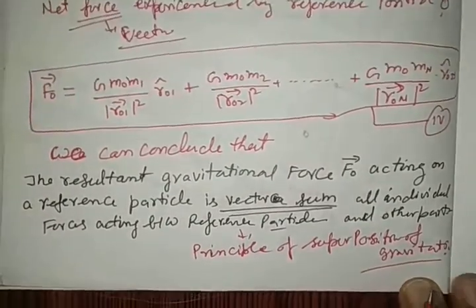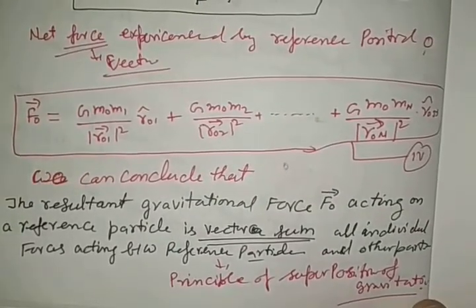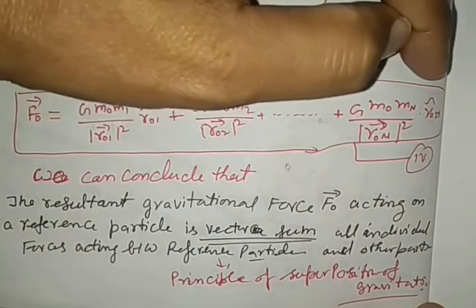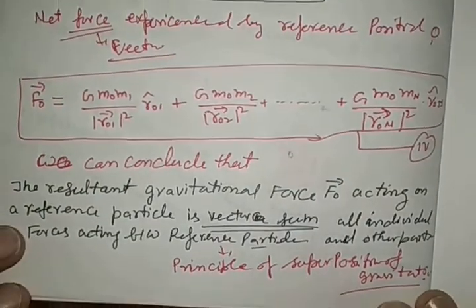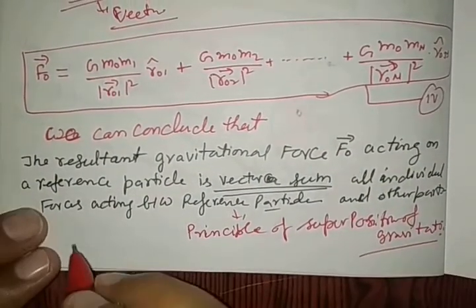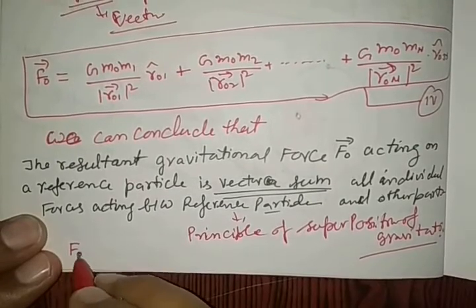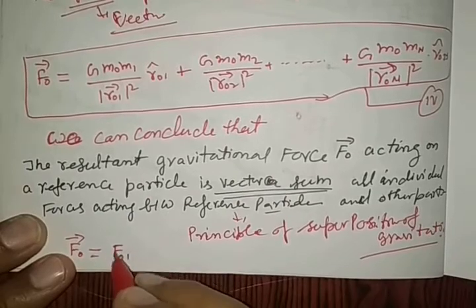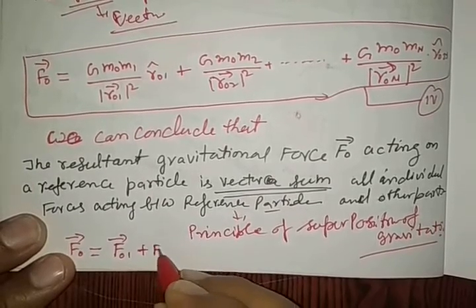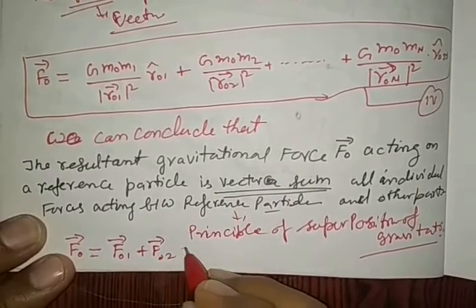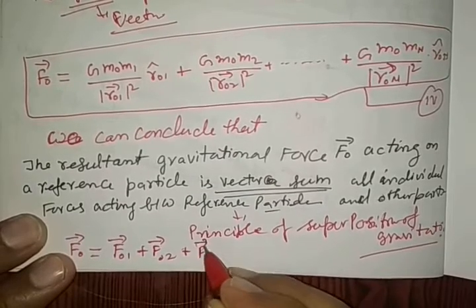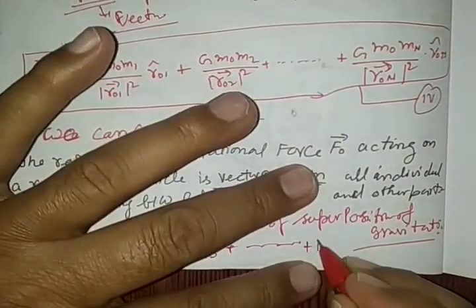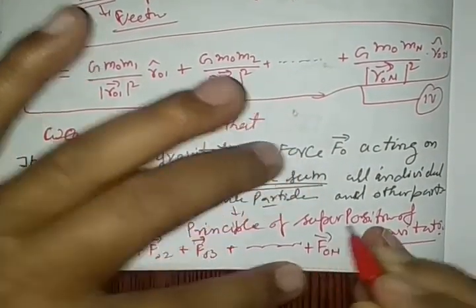This equation, the mathematical expression of principle of superposition of forces, can also be written in this form: vector F0, net resultant force, is equal to F01 plus F02 plus F03 and so on up to force F0n.